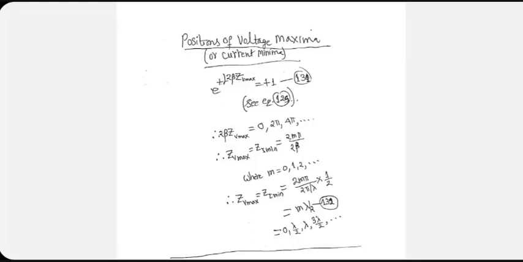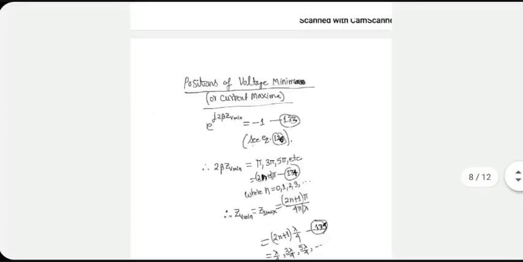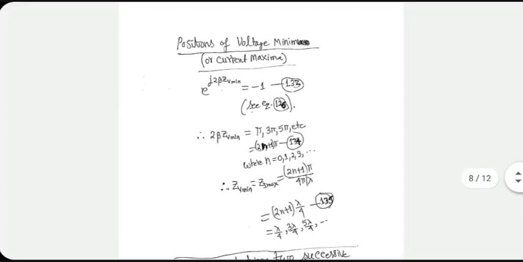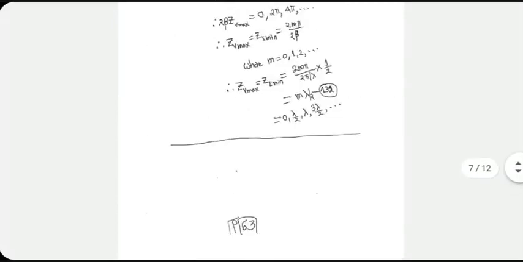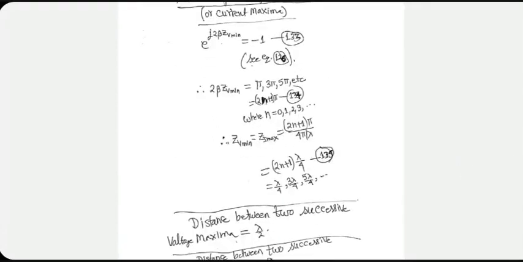Now the reverse or the complementary parts. Positions of the voltage minimum or voltage minima, which will also mean current maxima. Here now we have got minus 1 on the right hand side. Previously we had plus 1. So here the answer you can figure out.